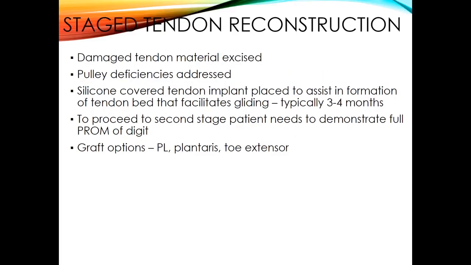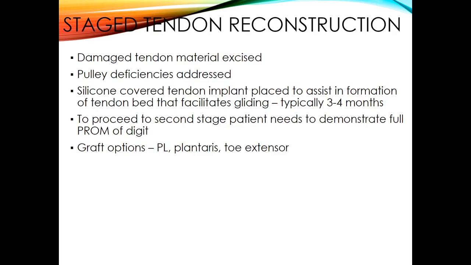And what's done with a staged tendon reconstruction is, in the first stage, you excise all the damaged tendon. You address or reconstruct pulleys as needed. You can use tendon that you excise, for example, the FDS tendon, to reconstruct the A2 pulley if needed. And then you use a silicone sheath, which is a Hunter rod, made by Wright Medical, which is the one that we use.